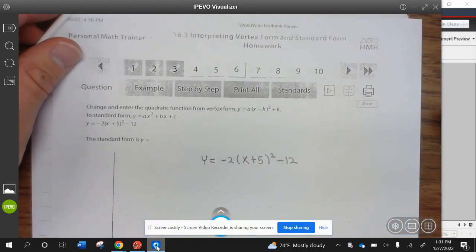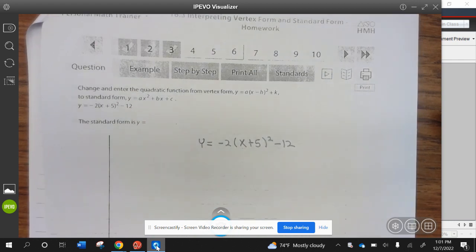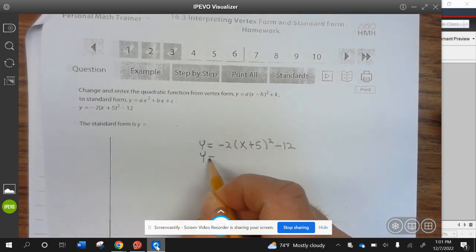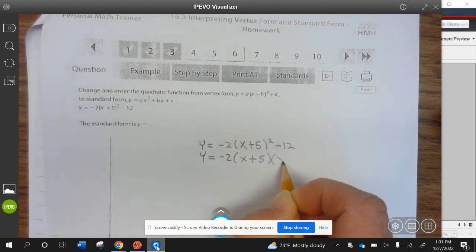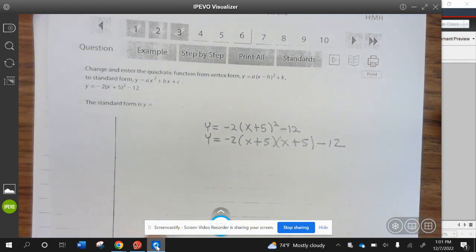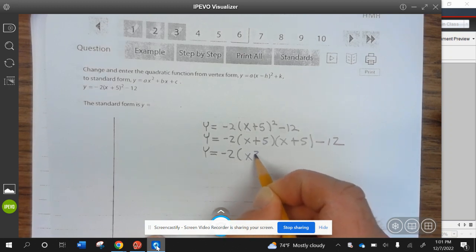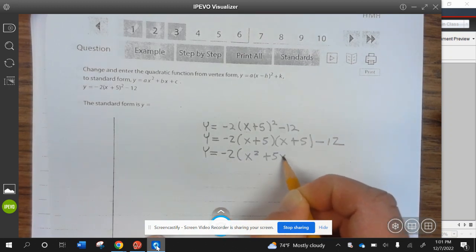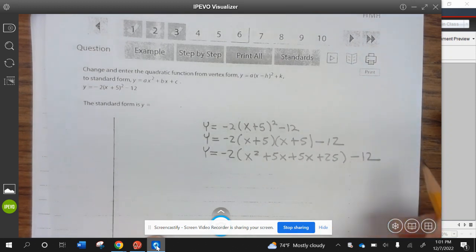Example 6: change the quadratic function from vertex form to standard form. To do this, again, we're going to simplify. So y equals -2 times (x plus 5) times (x plus 5) minus 12. Then y equals -2 times, we're going to FOIL: x squared plus 5x plus 5x plus 25, minus 12.